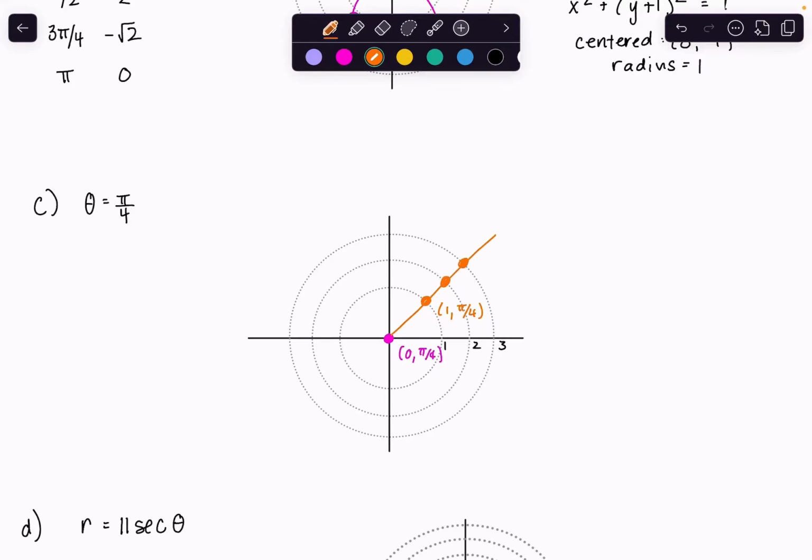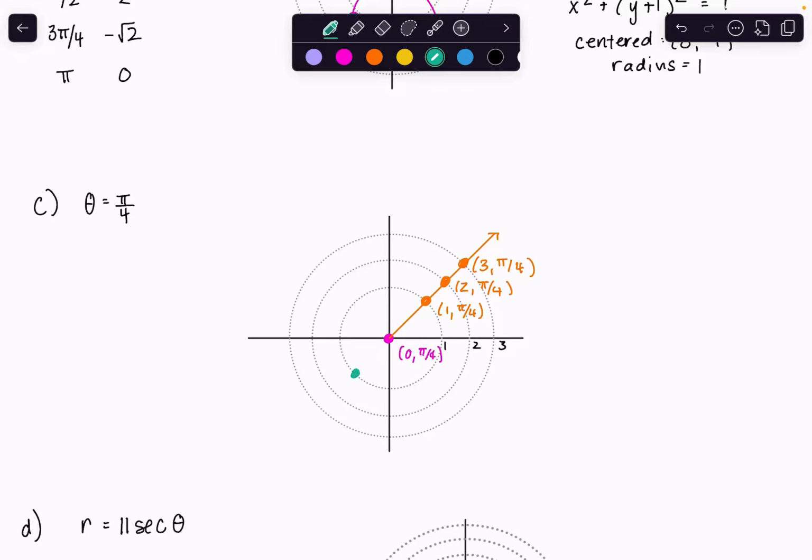So I can pick whatever r value I want, but my theta has to be pi over 4. But I can also pick my r to be negative. So not only do I get those points, but if I pick -1 instead, I would shoot through the pole and land back here.